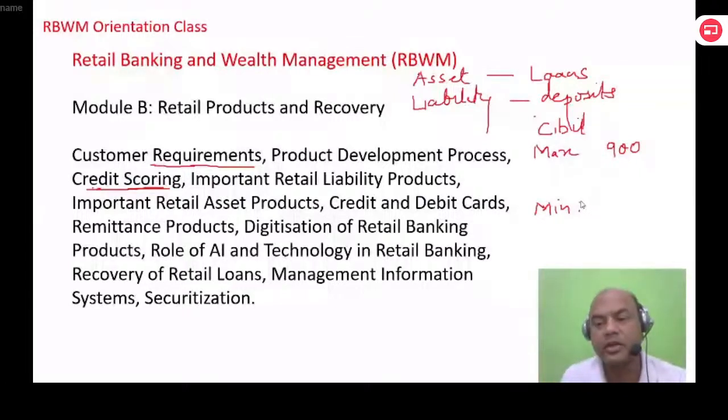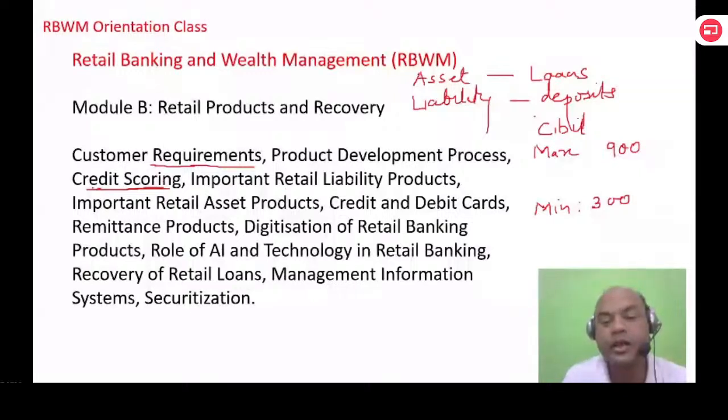Maximum is 900. What is the minimum score? Correct. Very good. 300. Minimum score is 300. Got it? So credit scoring, we have the details about CIBIL plus the total credit scoring model.